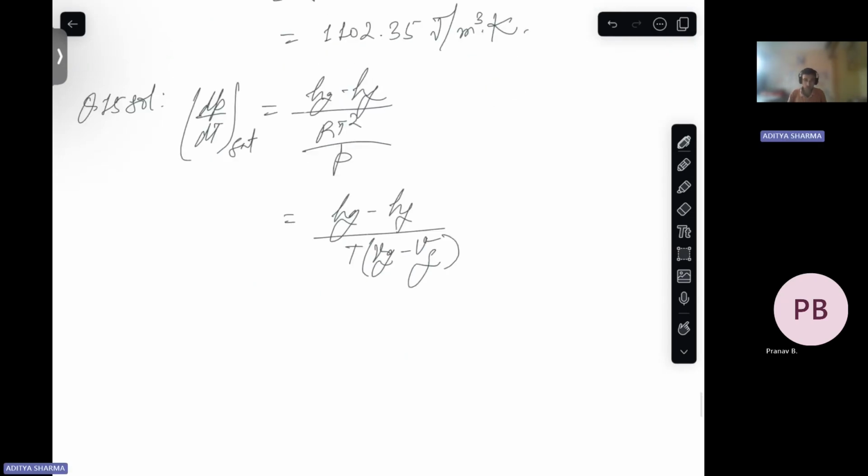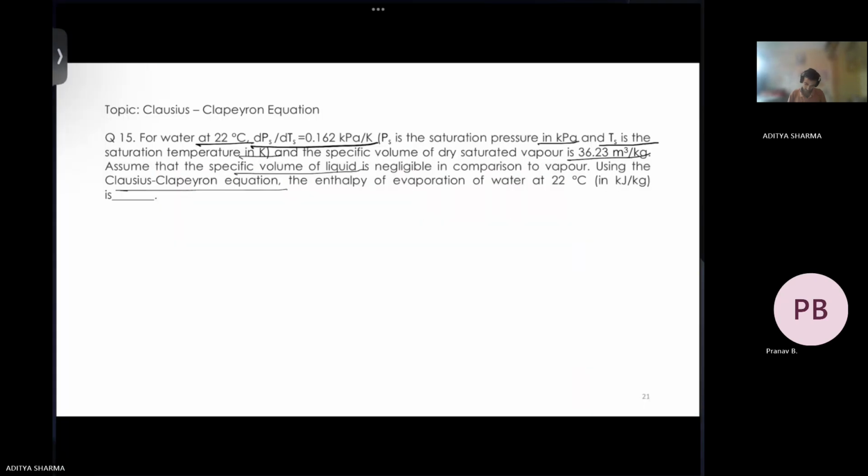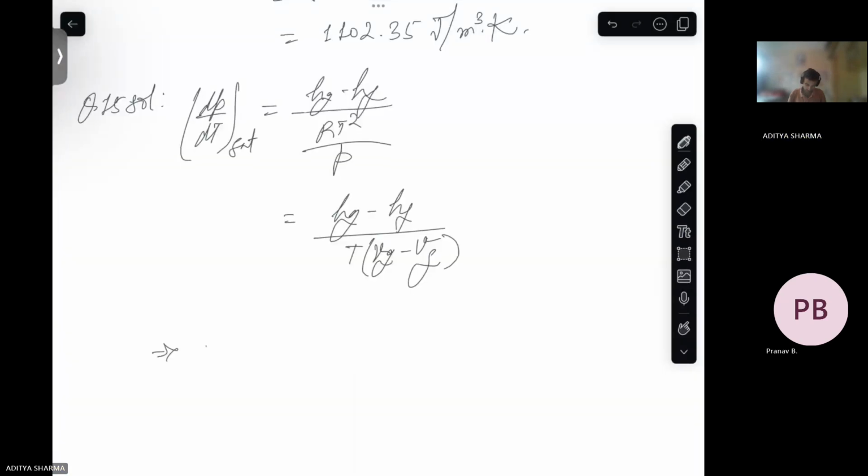Now the slope is given to us as 0.162, and Hg minus Hf, the enthalpy of evaporation, we have to find out.